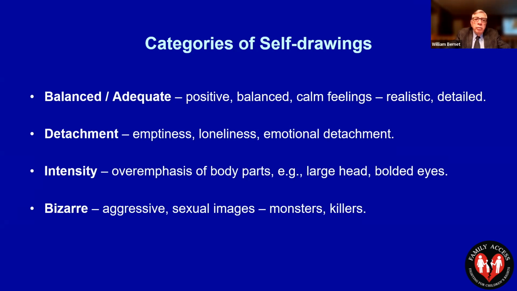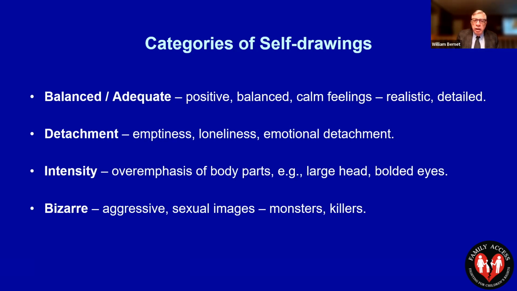And some of those other previous ones that we showed you would have been classified as adequate or balanced, basically normal. And as we go through some of the pictures in a few minutes, you'll see some of them you can classify as detached, and some of them you can classify with intensity. So it is sort of interesting that this classification system that was published in this journal can be applied to the material that I'm showing you today.